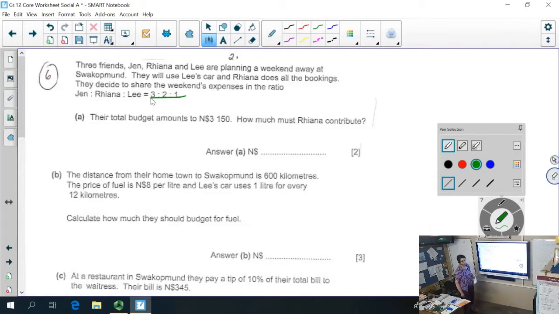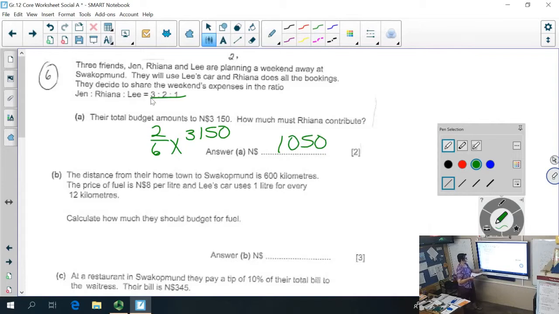How much must Rihanna contribute? This is sharing. So if we add here, it gives us 6, isn't it? You add the ratio. So what does Rihanna get? 2/6 of the 3,150, which is what? Yeah, 1050.